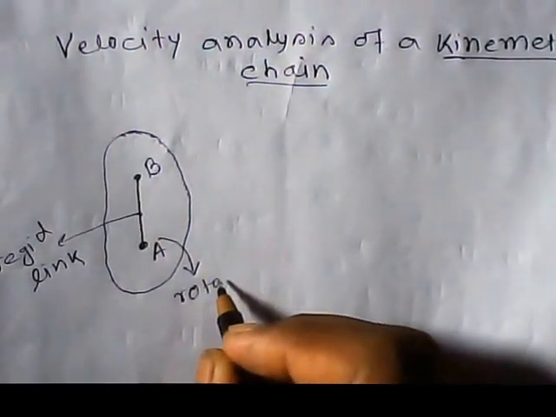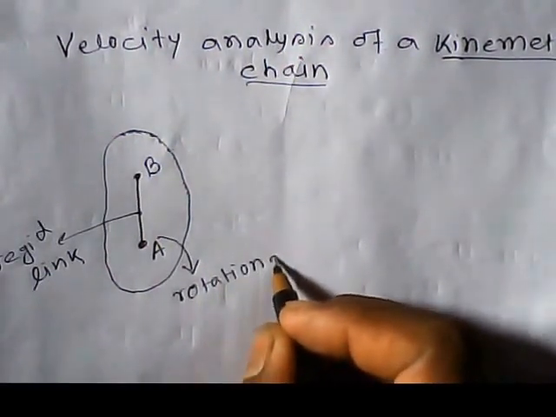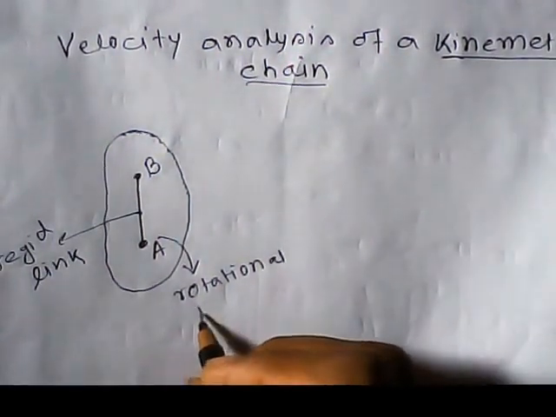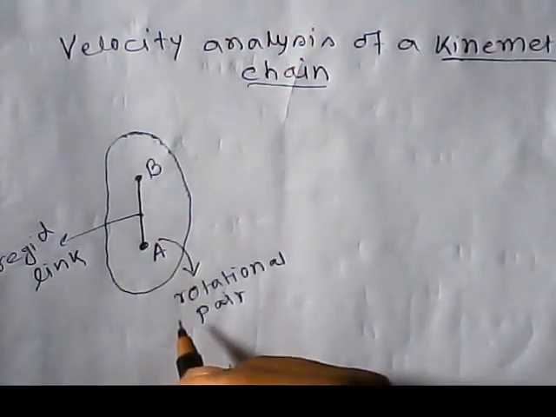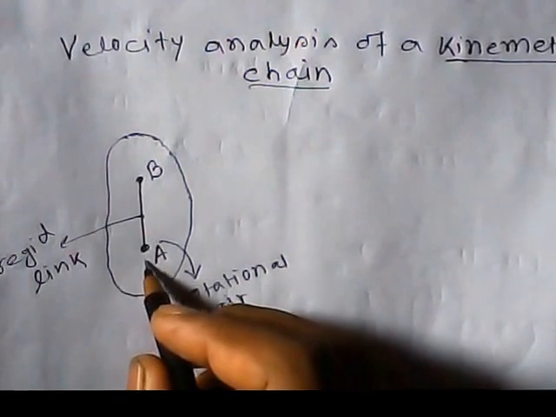The link can rotate with respect to the point A, rotational pair, A is fixed point.